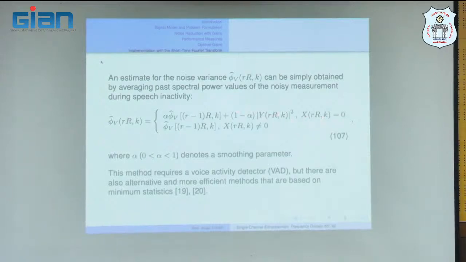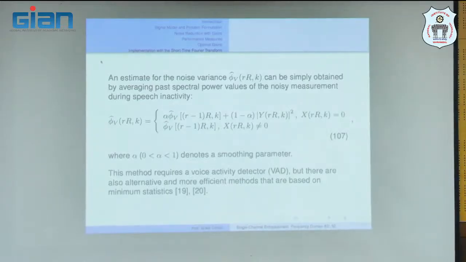We assume the desired signal is 0, or in practice, below a certain threshold. It's weak enough. And if the desired signal is present in the window, we don't change the variance. So we stop the recursive averaging. This is a good way to estimate the variance of the noise.